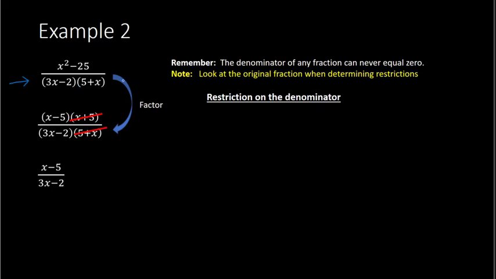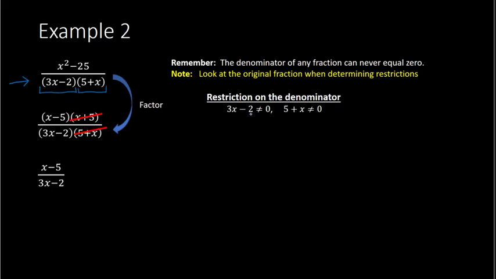So what that means is that because everything's multiplied, this part cannot equal 0, or this part cannot equal 0. Because if one of those is 0, when I'm multiplying, 0 times whatever the other part is would be 0, which it cannot be 0. So we know that 3x minus 2 cannot equal 0, and 5 plus x cannot equal 0.